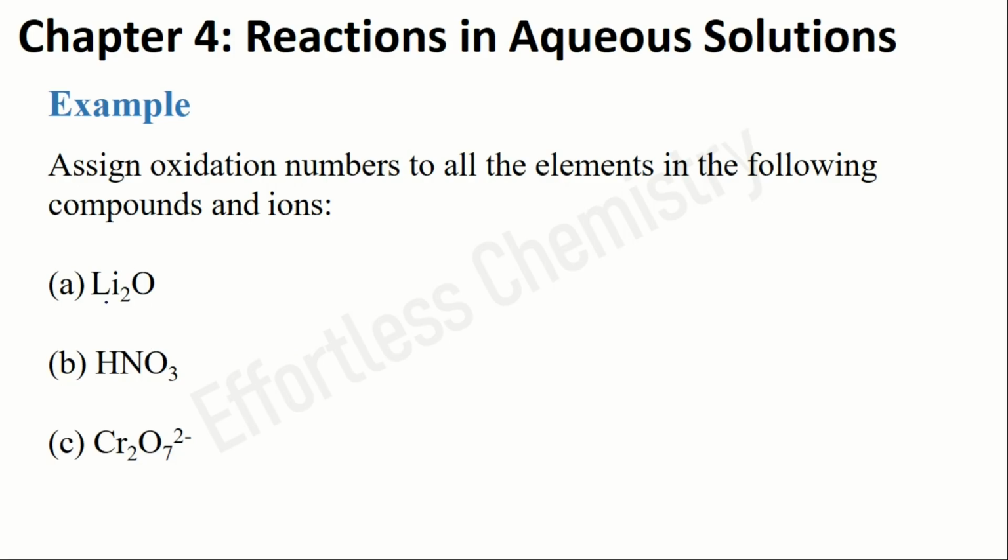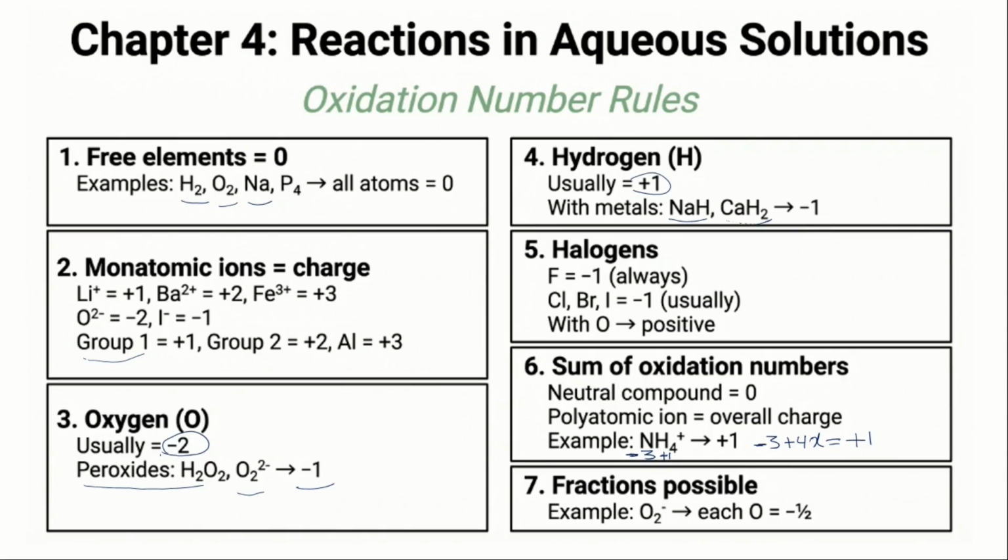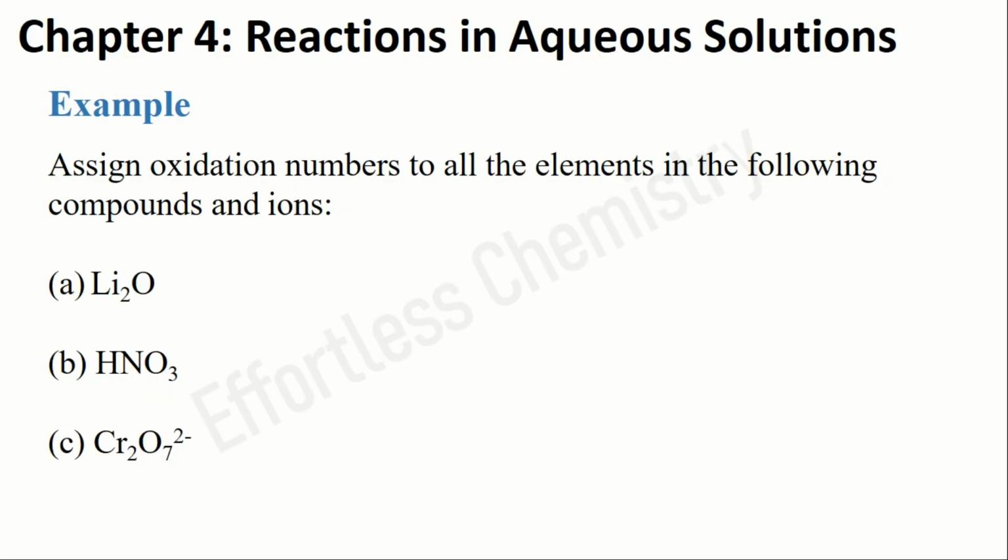For number A, we can find it by rule number 2. What was that? The rule number 2 was here. We can see that lithium has an oxidation number of +1, and oxygen has -2. So lithium here has the oxidation number of plus 1 and oxygen has minus 2.